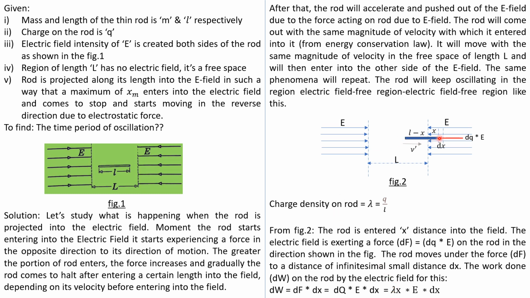If we take lambda as the linear charge density on the rod, then lambda into x will be the total charge dq on this portion. So lambda x E dx will be the work done for the rod moving from x distance to x plus dx distance.